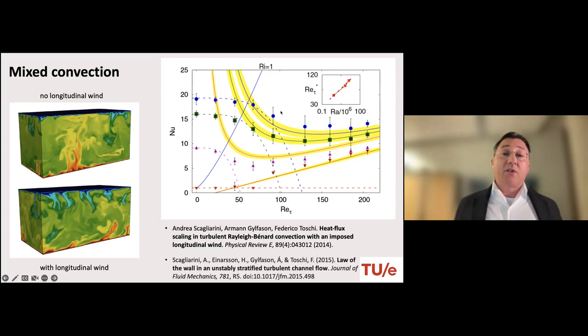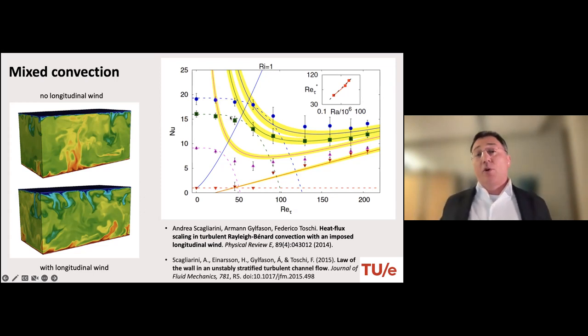You can see in this diagram, which is quite complex, that for different Rayleigh numbers, you may have a behavior with a Nusselt number which has some value. And as you increase the lateral wind, that means increasing this Reynolds number Re_tau here, you see that the vertical heat flux drops and then eventually increases again.